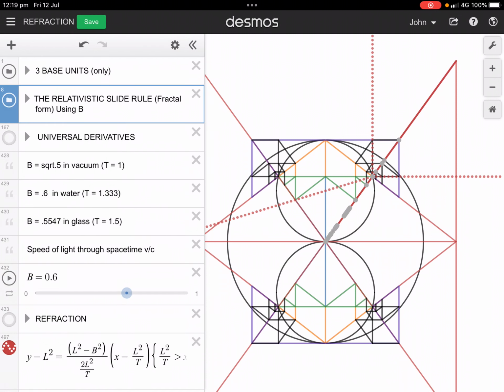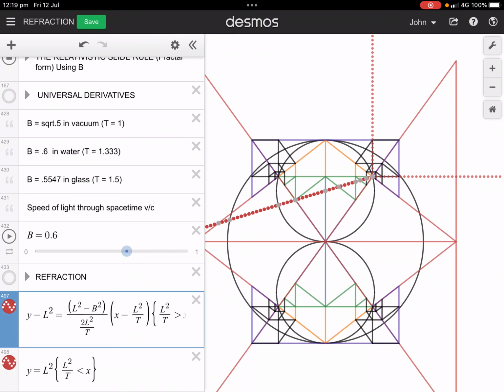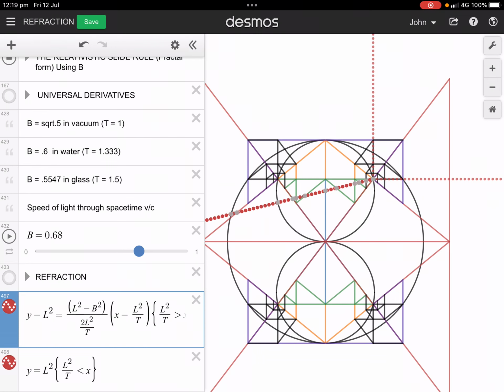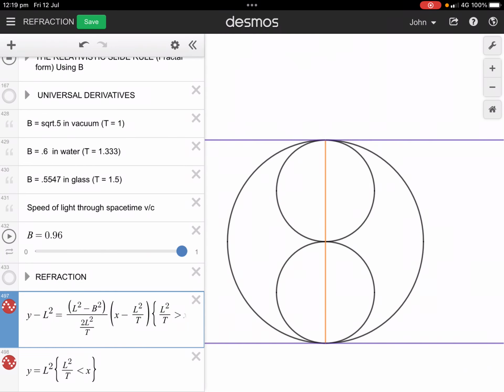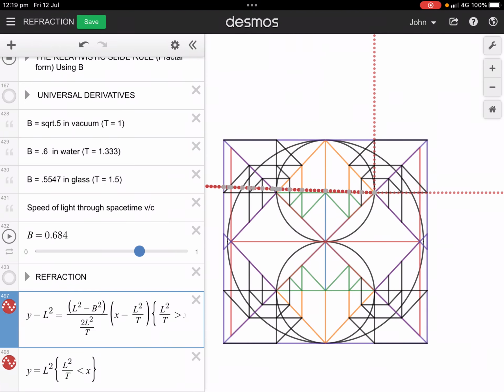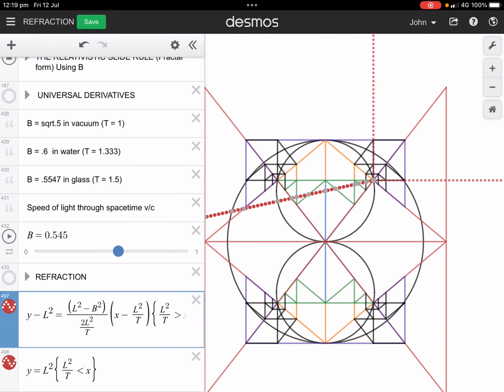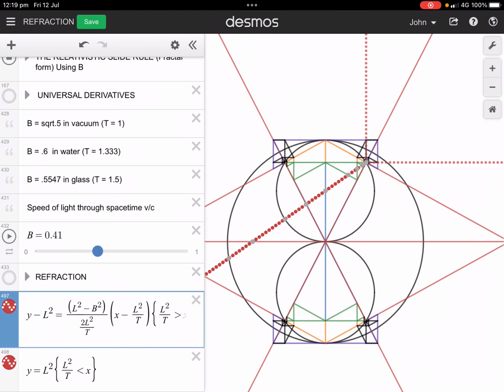I mean the Lorentz transform, where B is at right angles to L, and so this ray is going from one orthogonal direction to another, and so that's why it's always staying in that half.